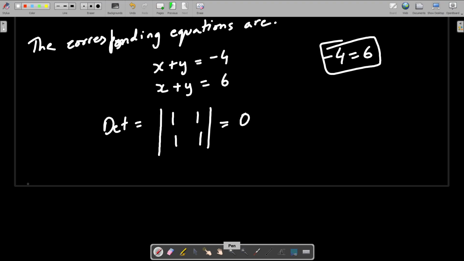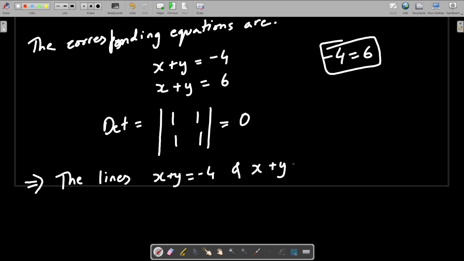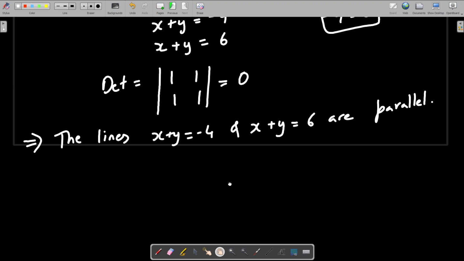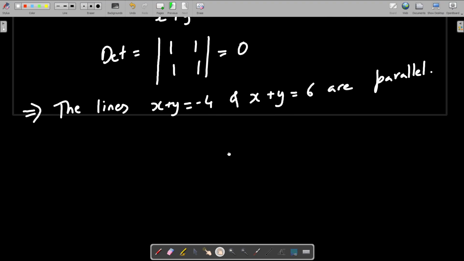So this implies that the lines x plus y is equal to 4 and x plus y is equal to 6 are parallel. So in this case we cannot do what we did yesterday. We cannot find a point of intersection and perform a change of variable.